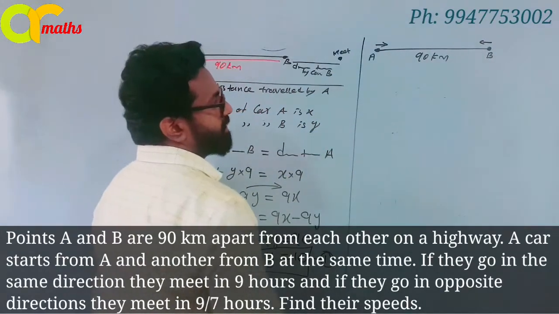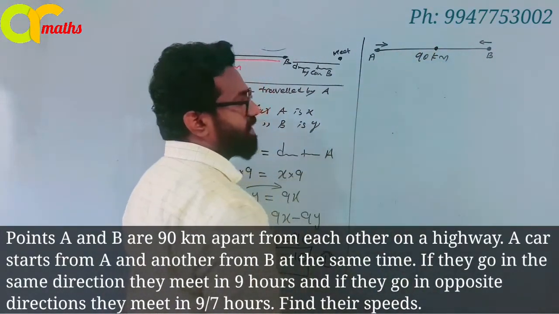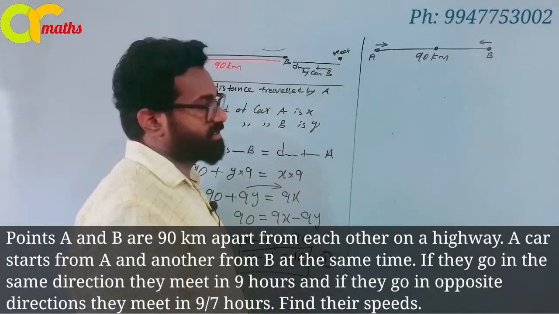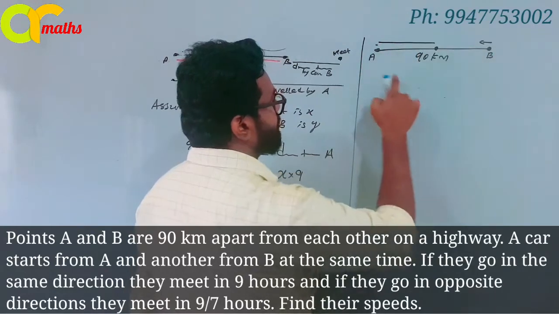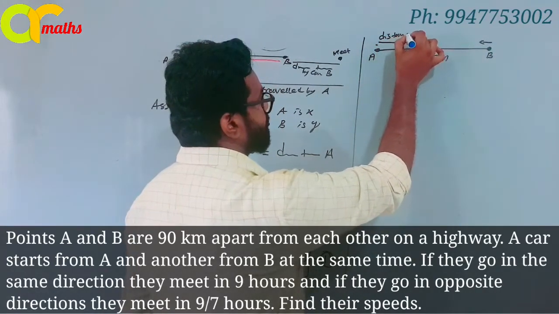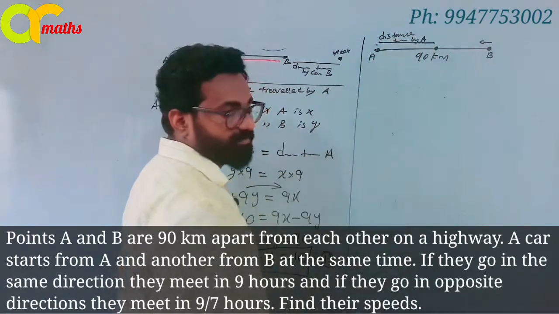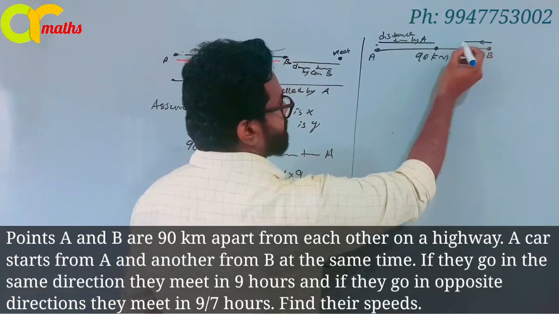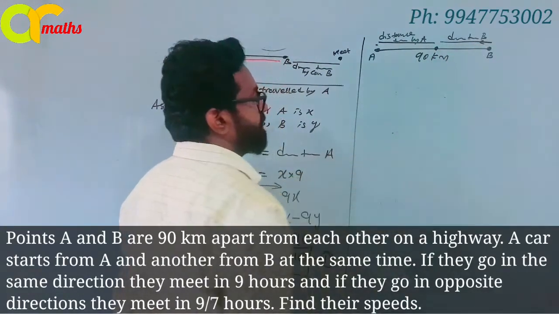At a point, this point, the cars will meet. This is the distance travelled by car A, and this is the distance travelled by car B.